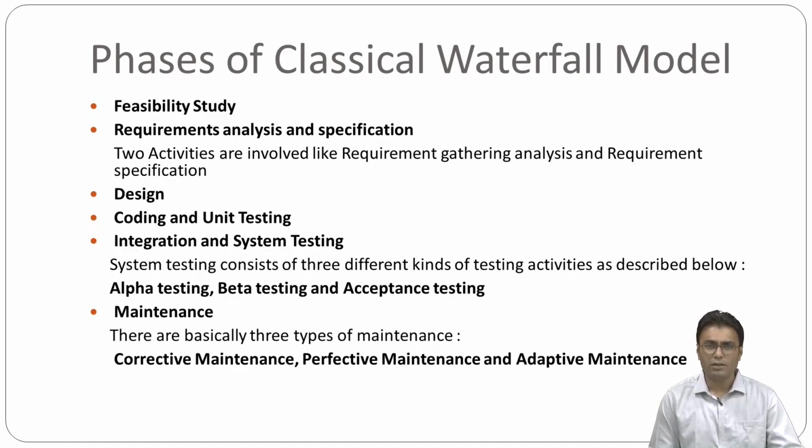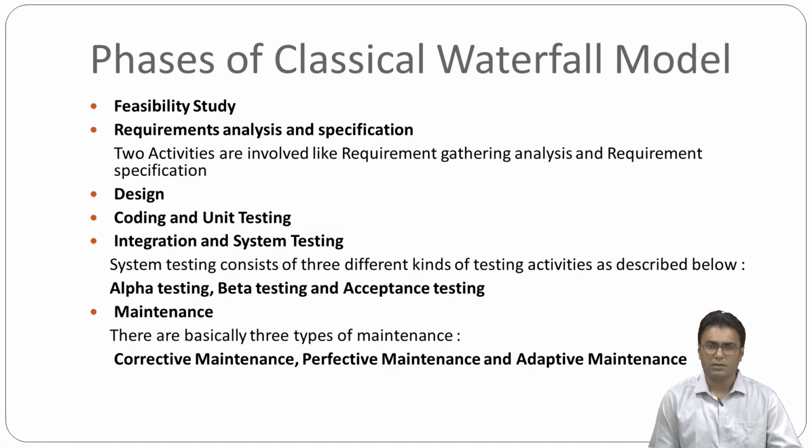Firstly, all the requirements regarding the software are gathered from the customer and then the gathered requirements are analyzed. The goal of the analysis part is to remove incompleteness and inconsistencies. An incomplete requirement is one in which some parts of the actual requirements have been omitted, and an inconsistent requirement is one in which some part of the requirement contradicts other parts.